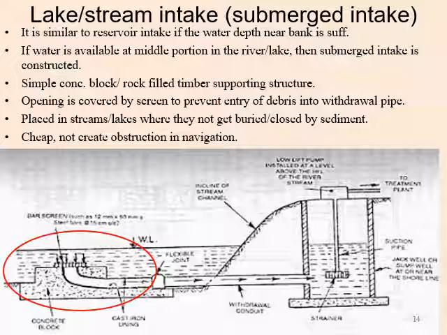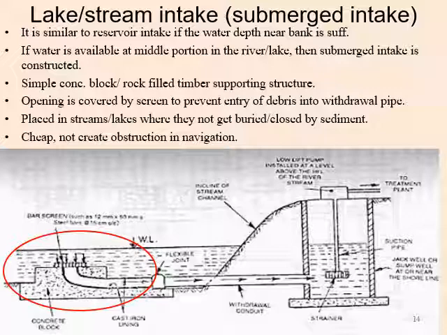So a simple concrete block or rock-filled timber supporting structure is there. We will see how it looks. The opening is covered by a screen, here written as bar screen. Everywhere, at the opening of the pipe, a screen should be provided to prevent the entry of debris.